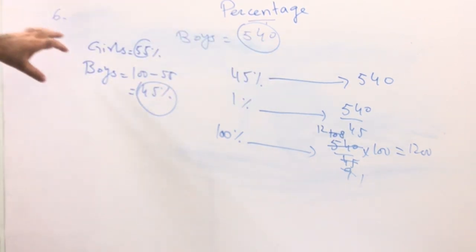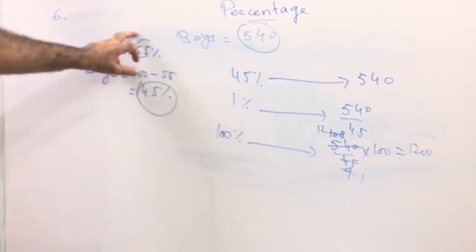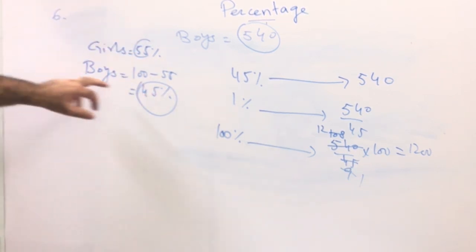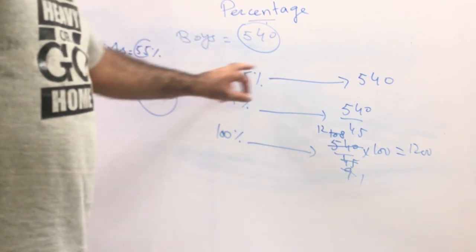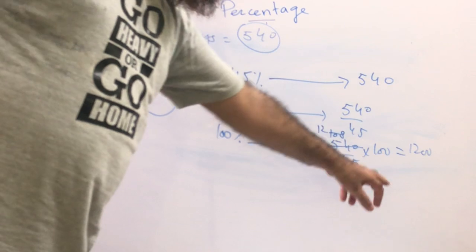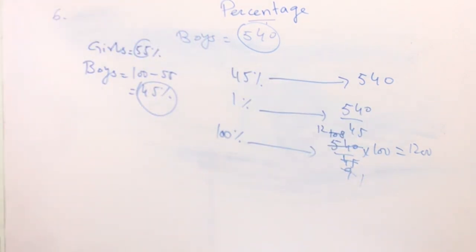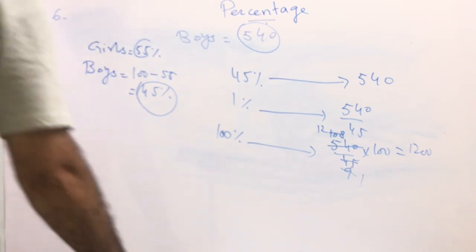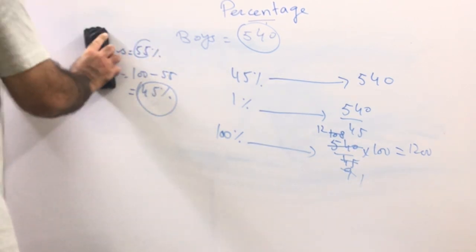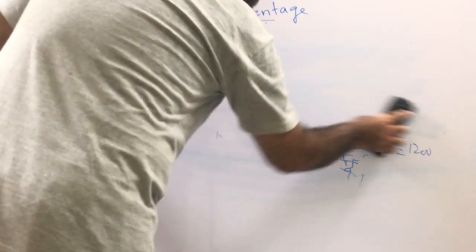Total is 100%, so 100 minus 55 gives 45% boys. If 45% is this number, 1% is this, and 100% is found by multiplying by 100. Simplify and you get the answer 1200, the total number of pupils in the school. So this is how we calculate the percentage and the numbers.